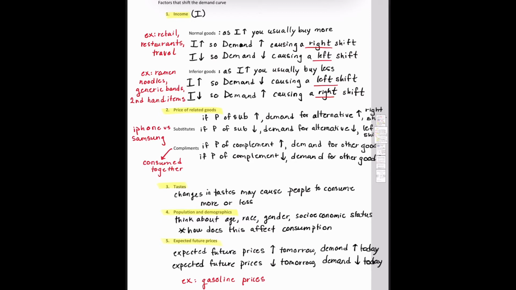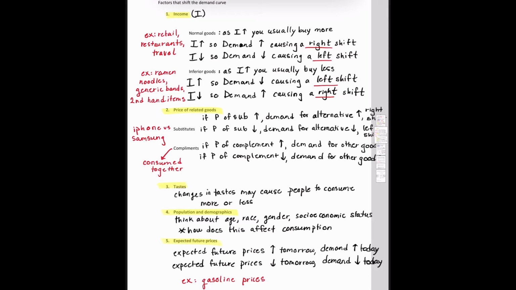And so you want to plan a nice trip to Europe, perhaps, or to the Caribbean or something like that. So that would be classified as a normal good. So if your income rises, demand for that vacation, that normal good, would increase, which results in a right shift in the demand curve for that fancy vacation.